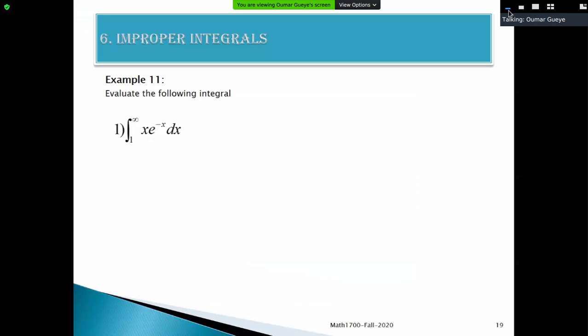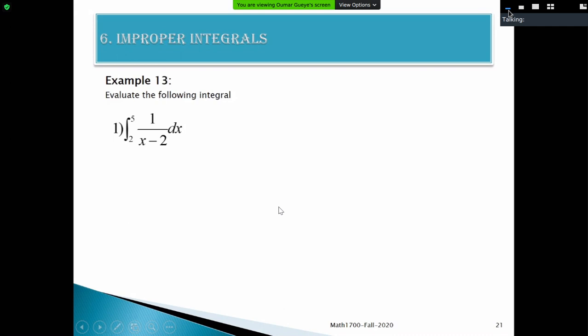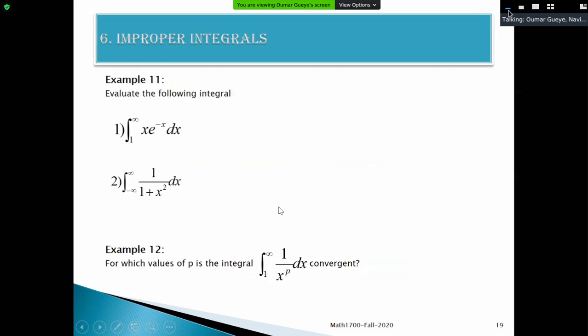All right, so next example. Sir, so both 1 and 2 are convergent integrals. Yep. So can you give an example of a divergent? So we'll see it later. Divergent means if you don't get a number, okay? If you calculate it and get infinity, it's going to be divergent.